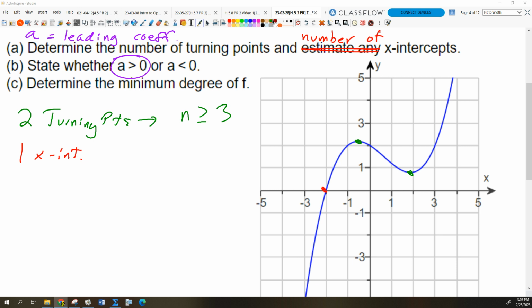Okay, what about the 1 x-intercept? If it has 1 x-intercept, that's telling us that the degree must be at least what? Show me with your fingers. Okay, the correct answer is, you're right. How come?